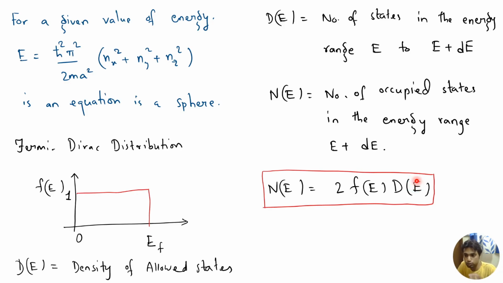So you have the states now, and you multiply with the probability that it is occupied, so you have to multiply with f of E. And why this 2? This 2 is there because for each given state there can be two spin states, like for each given k state there can be two spin states. That signifies the value 2 here.